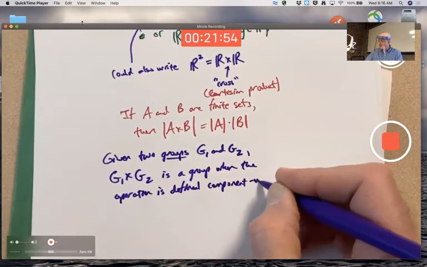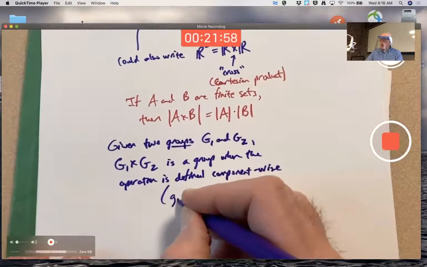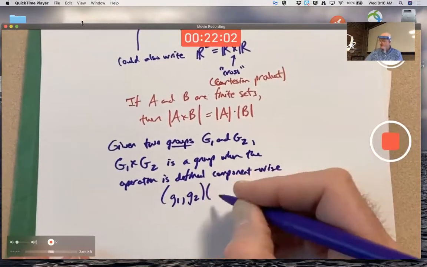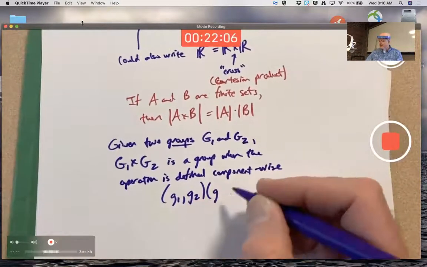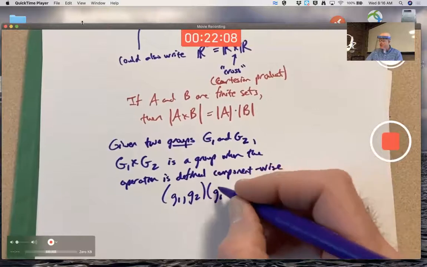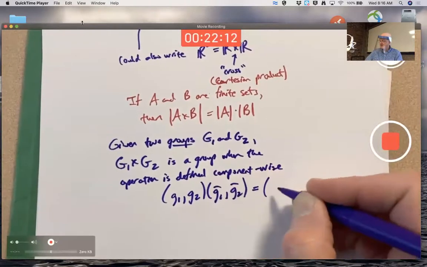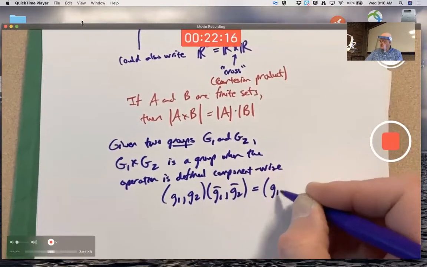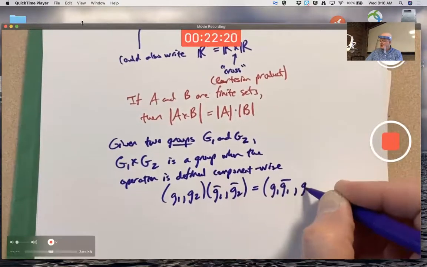In other words, to multiply, we'll use multiplicative notation here because that's what we do typically in abstract group theory, the ordered pair G1, G2 with the ordered pair G1 bar, G2 bar. You get the ordered pair whose first component is G1 G1 bar, and whose second component is G2 G2 bar.